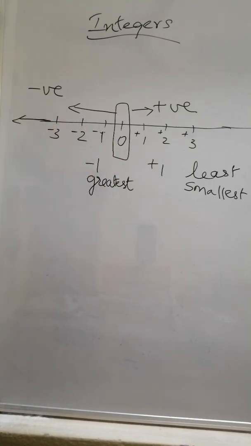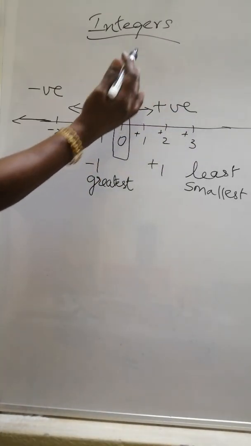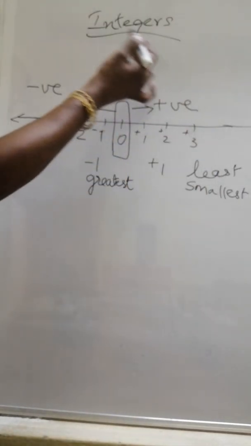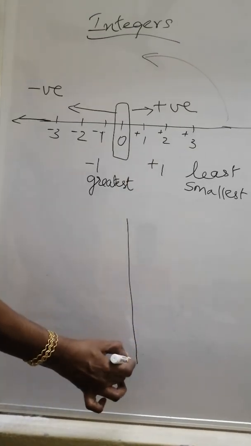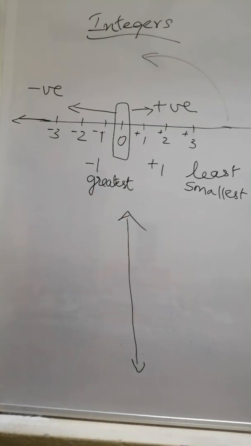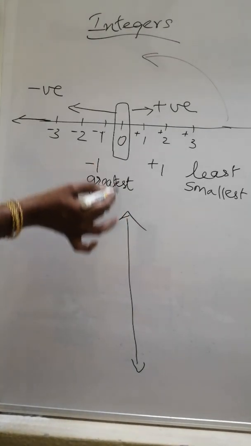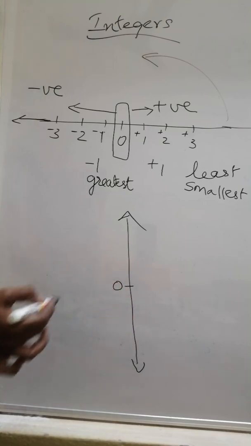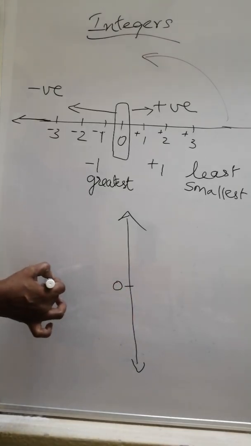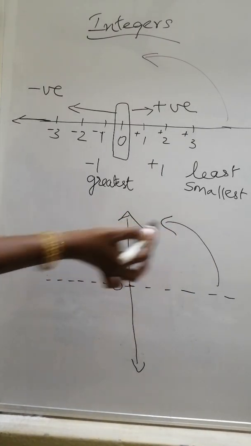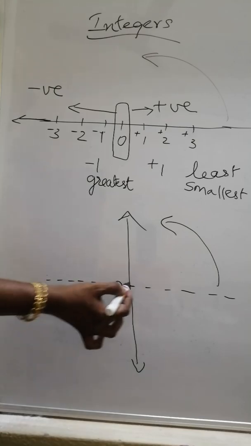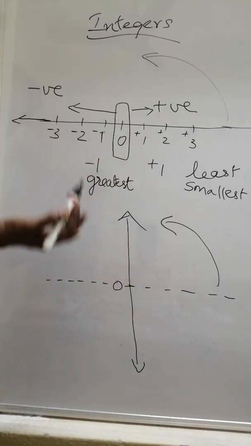This is about integers. When we come to coordinate geometry, the same integer line when moves up, that is when we move them in anti-clockwise direction, this number line becomes like this. That is, this is up, this is down, 0 is in the middle. First this number line was like this. Now this part comes up, that is the positive side comes up.